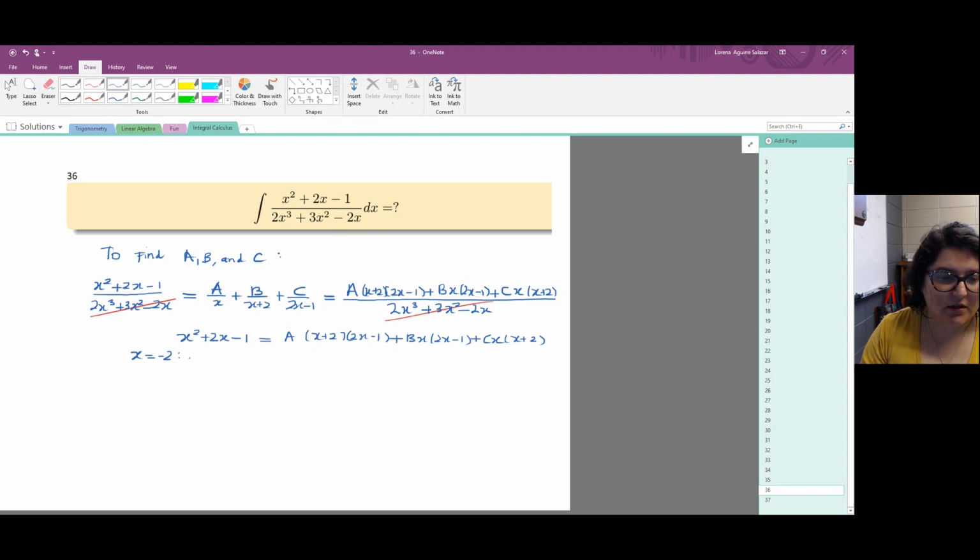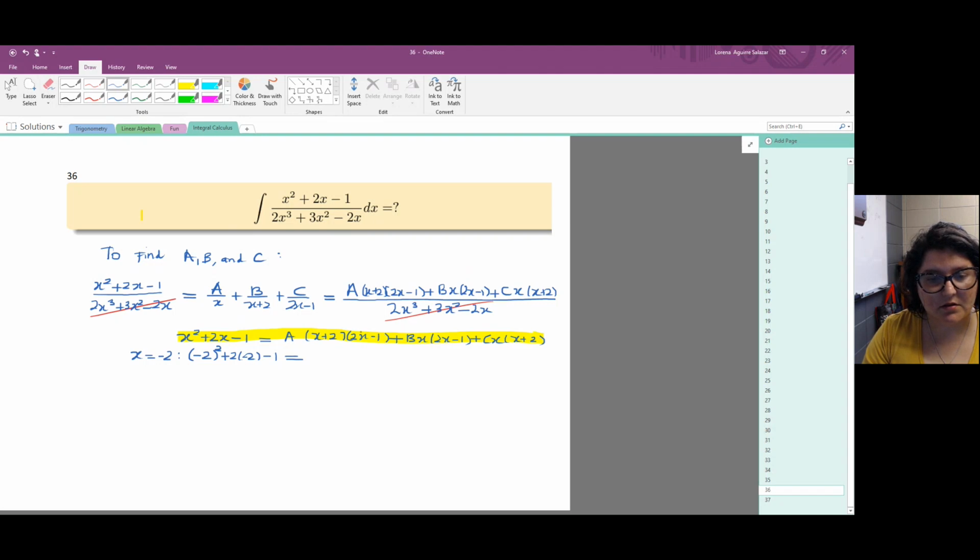And when x equals negative 2, on the left-hand side of the equation we just wrote, I'm going to highlight it, we get that minus 2 squared plus 2 times negative 2 minus 1 should be equal to a times, and minus 2 plus 2 is 0.